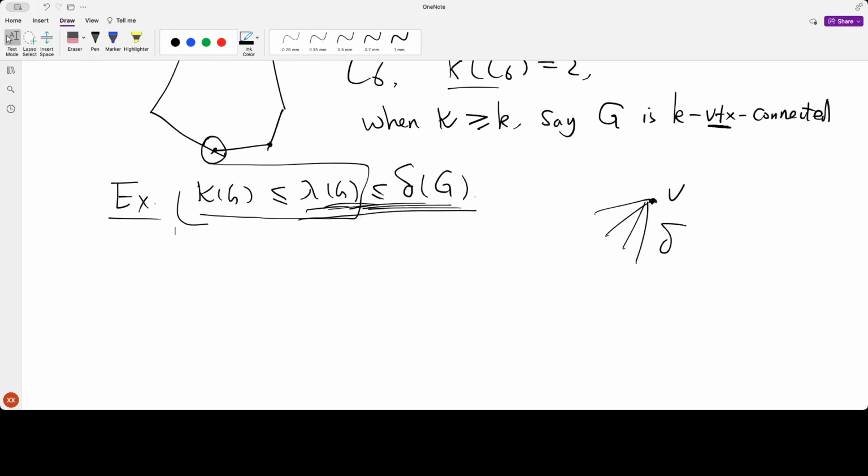Okay? So these are most of the definitions and concepts in this class, and then we will see some examples and prove theorems.